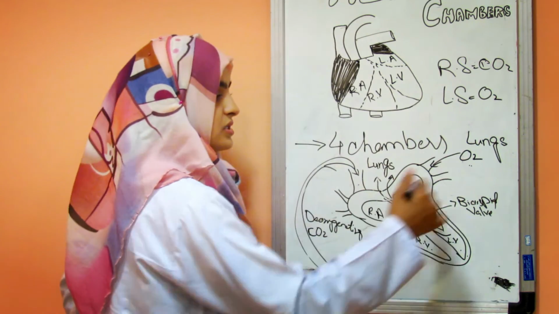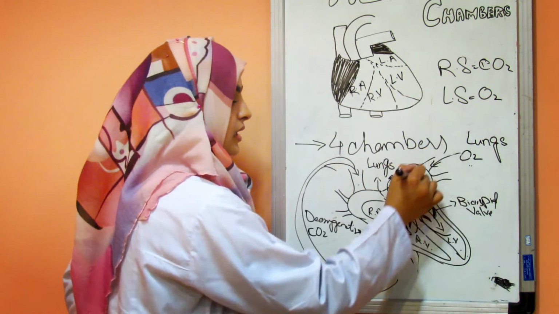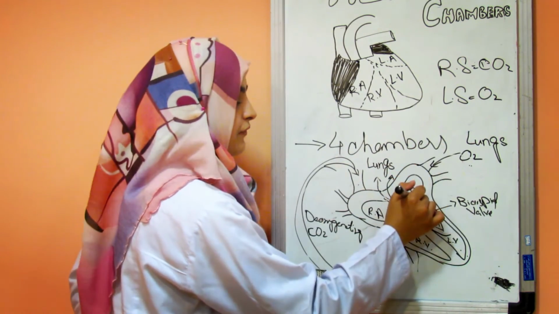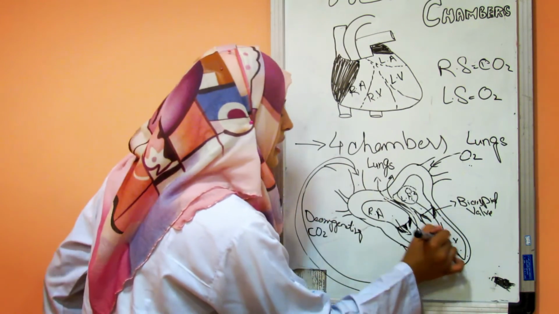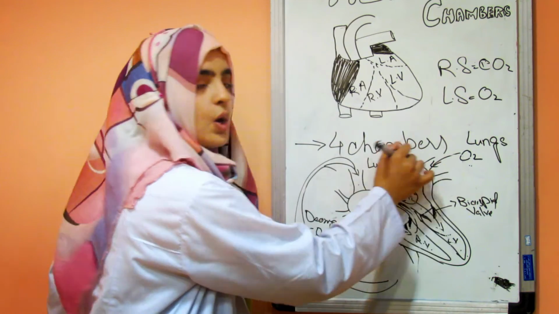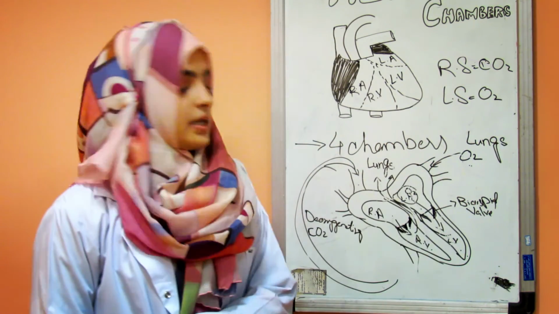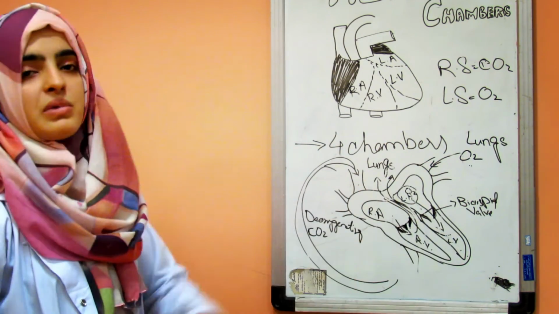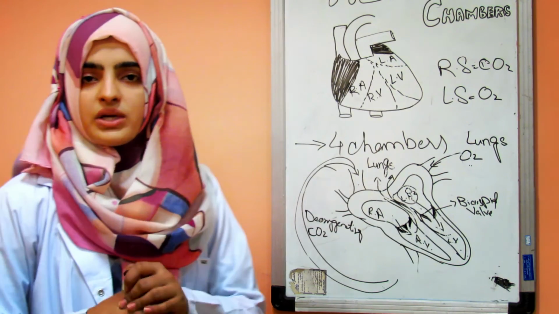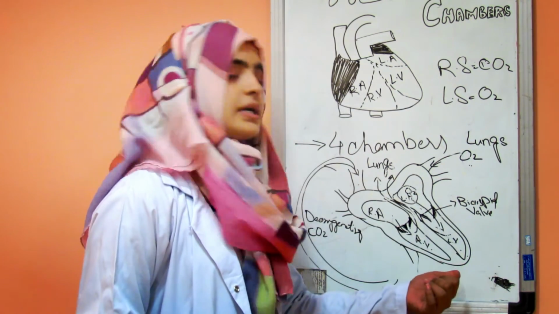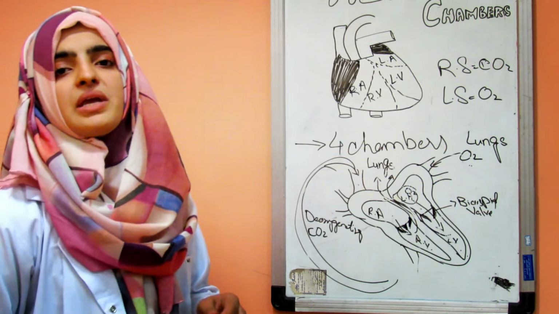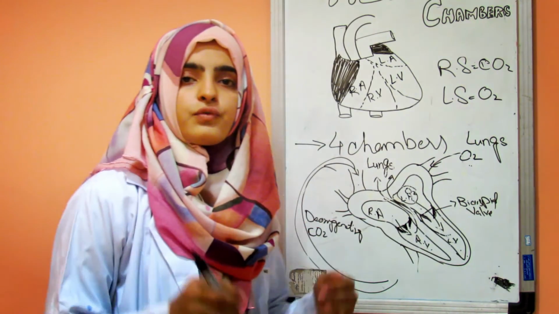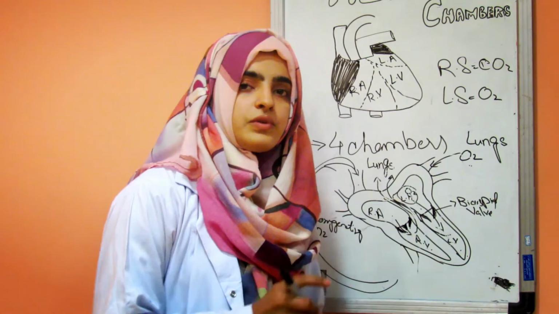On the left side, oxygenated blood comes from the lungs, goes into the left atria, then into the left ventricle, and from the left ventricle it goes to the whole body. In this whole system, the blood and body have a circulatory system that is pumped by the heart, and that's why the heart is called a pumping organ, because it pumps blood from one part of the body to another.